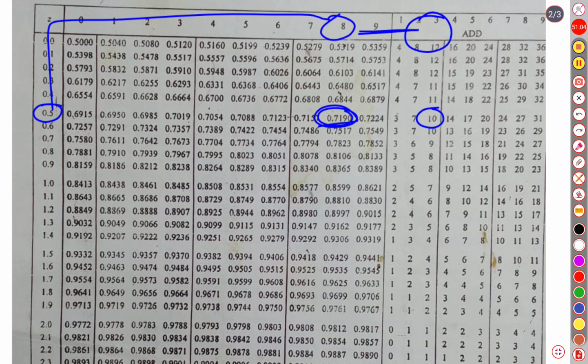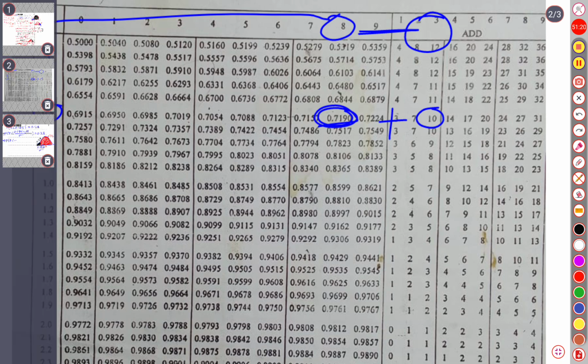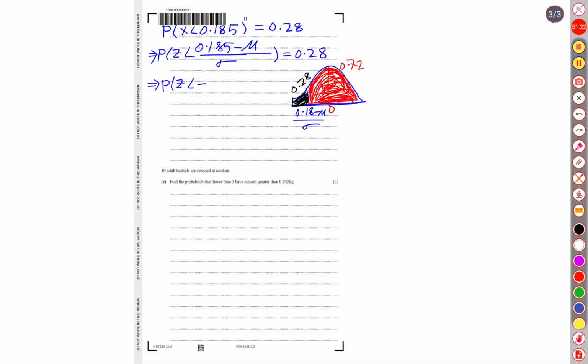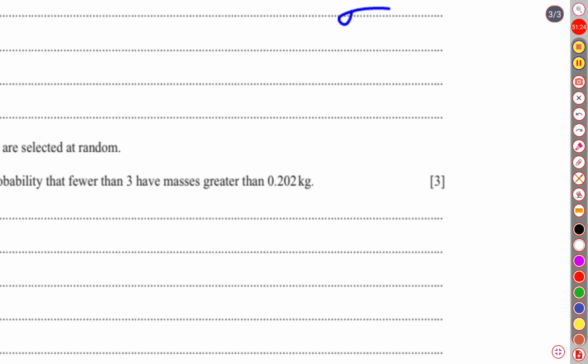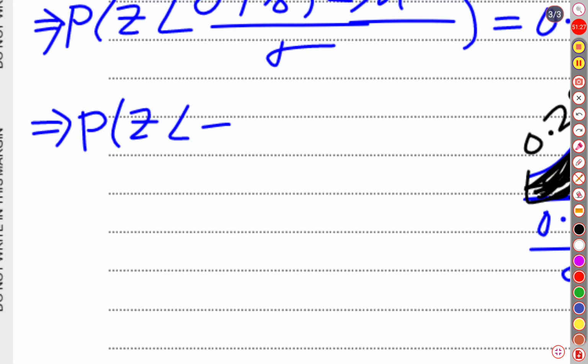This is our corresponding z score when probability is 0.7190 plus 10, which is 0.72. And already we have decided it is lying on the left side of the curve, so it will be negative 0.583.